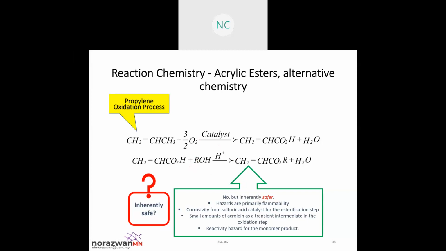The hazards are still there, we only reduce some hazards. That's how the substitution strategy works in this ISD, because if we cannot eliminate all the hazards, we try to eliminate at least one hazard.